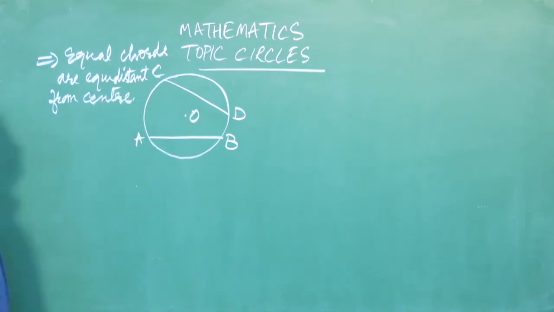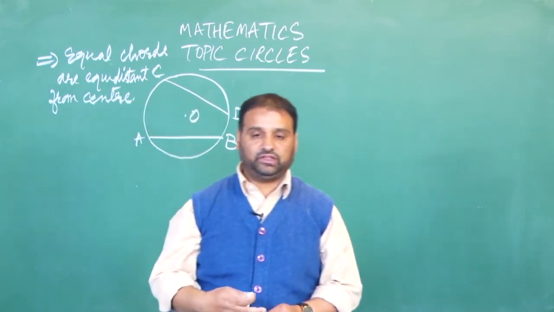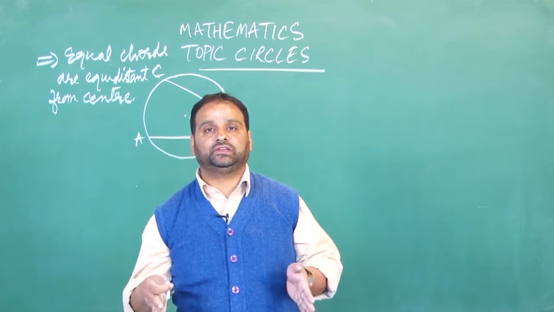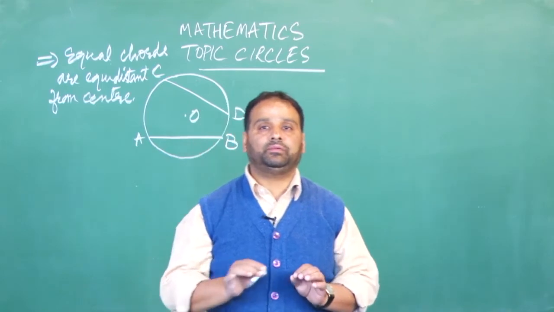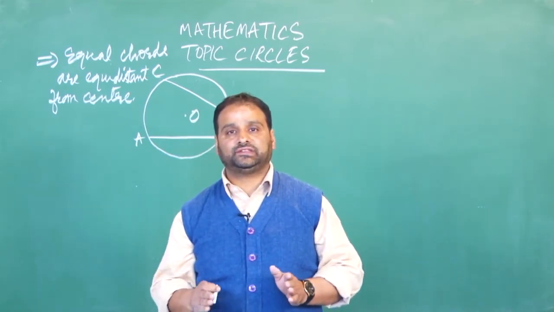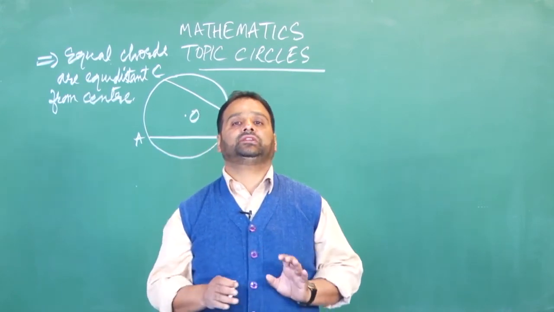So, how can we prove that two chords are at equal distance? One thing we keep in mind whenever we want to find the distance between two objects or two points or two lines, the minimum distance is the perpendicular distance between the two. So, whenever you want to find the distance between any two objects, you always have to find their perpendicular distance.